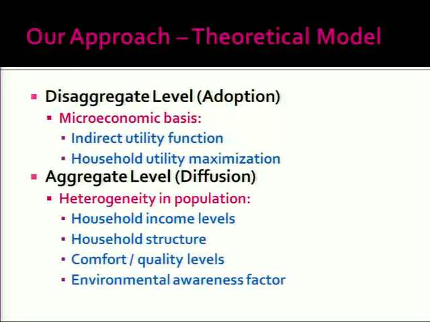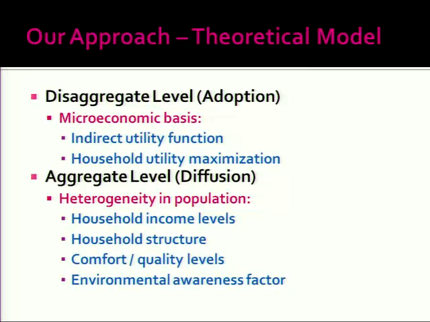So here are some of the factors that we considered in our model. There are obviously many other ones, but these are the ones that we feel are the most essential to include. So the first one, household income levels. That's pretty obvious. Income levels contribute a lot. Household structure, that means, is it a household with children? Is it a household with single people? Is it a household with senior residents? That type of thing. And then we have a comfort quality level of the type of car.